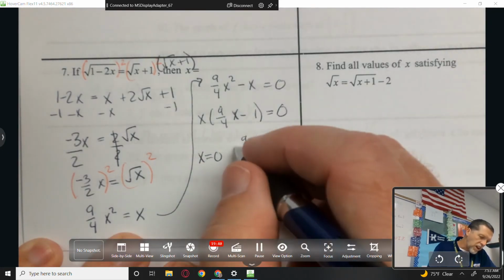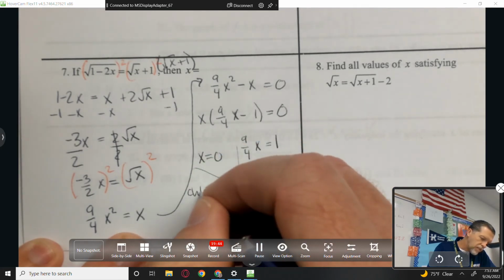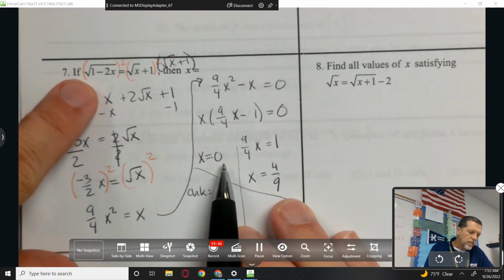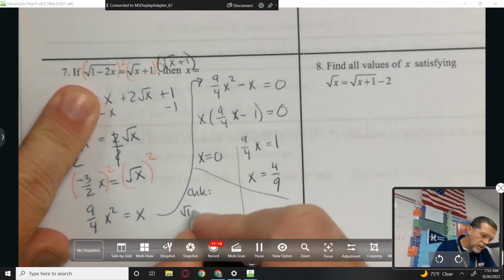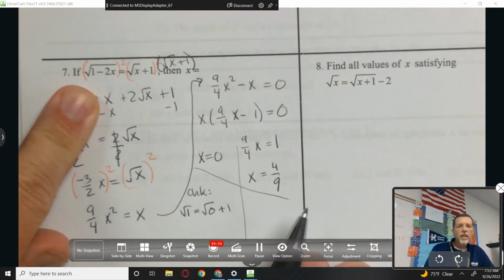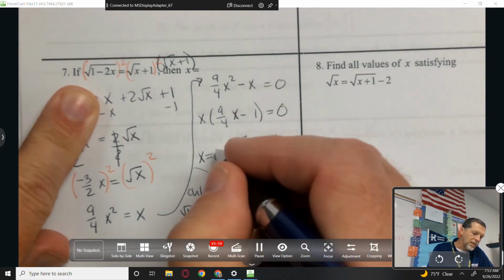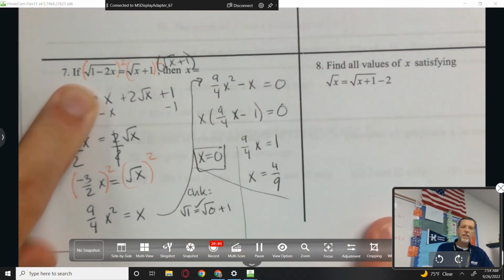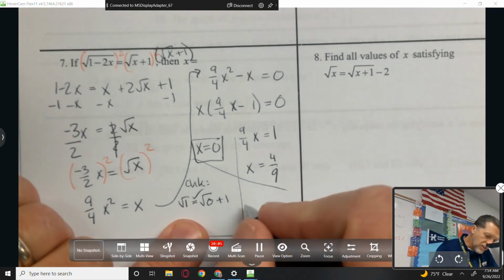I need to check both of those now. 0 is an easy check. That would be the square root of 1 equals the square root of 0 plus 1. Yes, that works. 1 equals 1. 4/9 is going to be a little bit more of a challenge here.